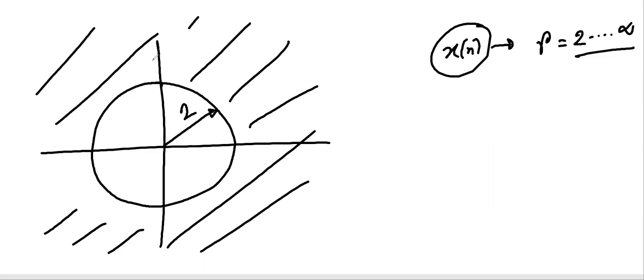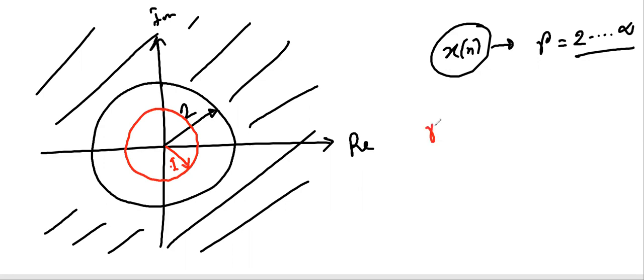I know that you already know about this Z-plane representation, where this is the real quantity and this is the imaginary quantity. If I try to make it more clear, let me draw a unit circle. This is the unit circle where this length is 1.